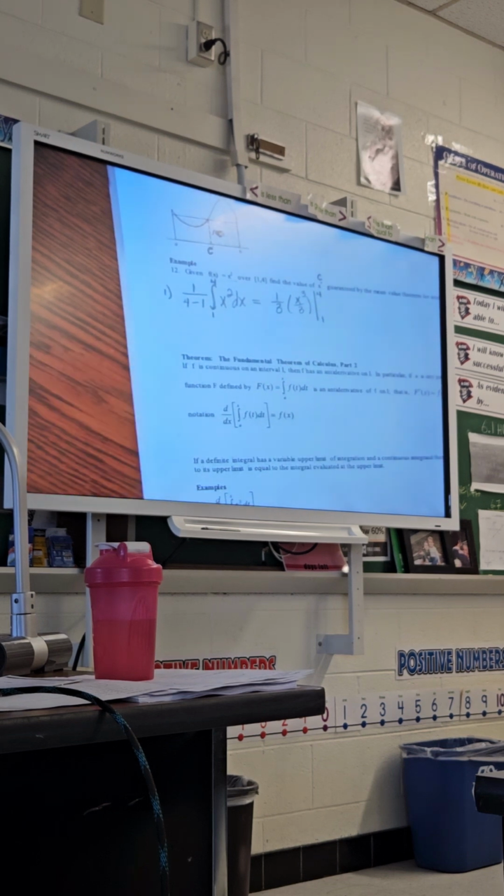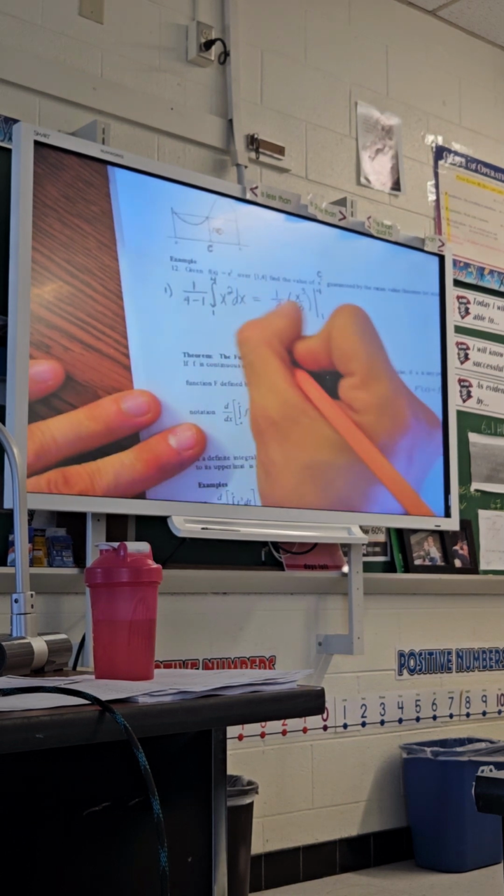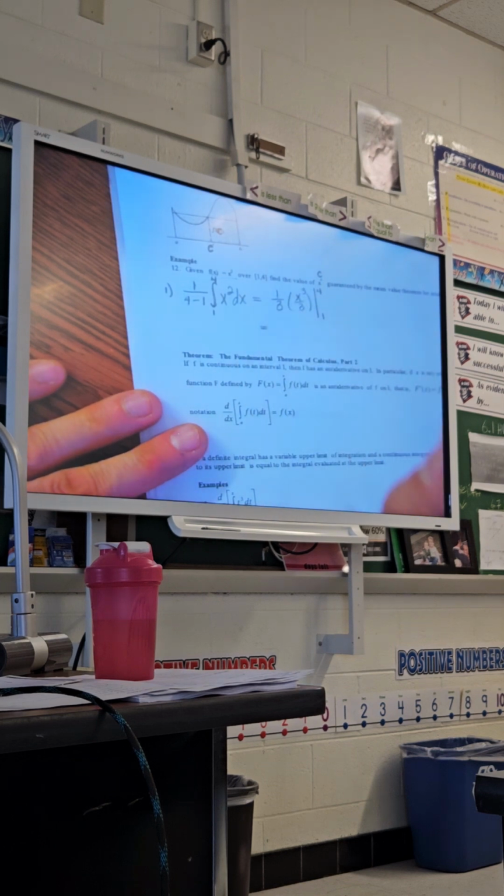We don't say from the top, we say from the bottom: 1 to 4. Remember, this is going to be the y value. This is not c that we're finding. We are finding f of c.